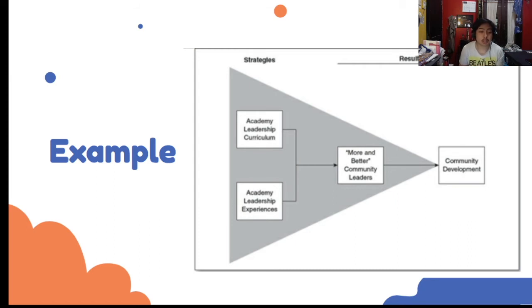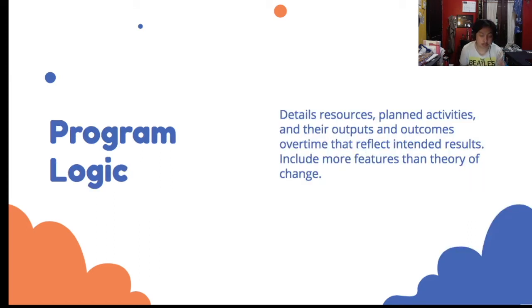It's very simple compared to the next one, which is the program logic. It has more features and is more specific, so it creates more understanding of how exactly the idea would be achieved, with a clear step-by-step process, compared to just the general idea that the theory of change is able to perform.